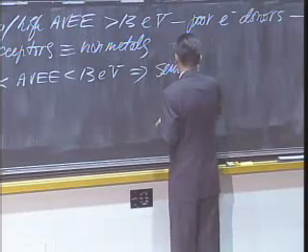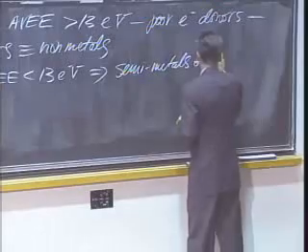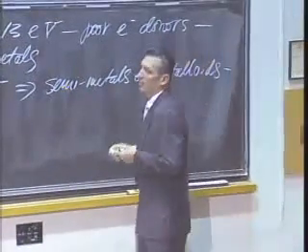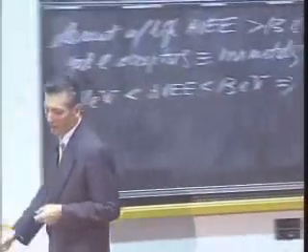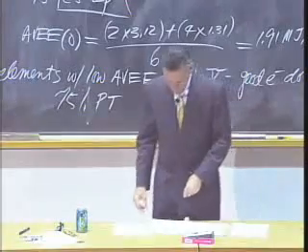These are called semimetals, or metalloids. In some instances they can be made to behave more nearly metallic, and in other cases they behave more nearly as insulators.